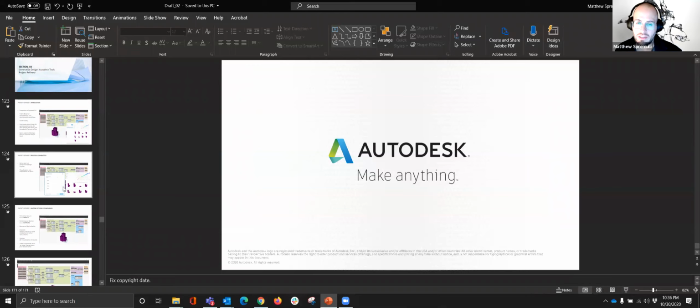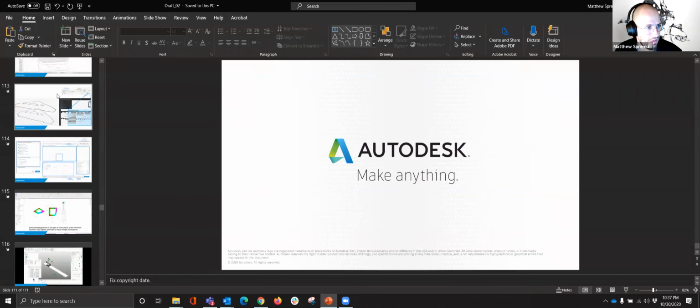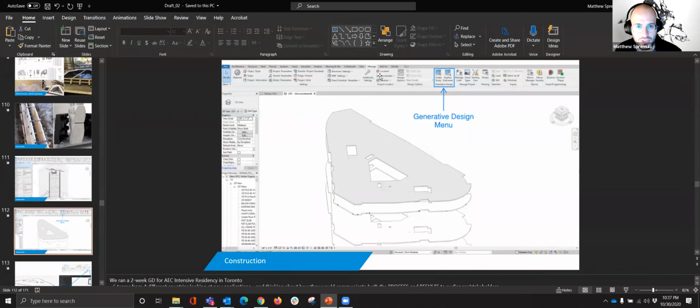Refinery is basically just the engine that allows you to do generative design. If you have Revit 2021, Refinery is already bundled into your Revit interface. It should look like this example here, where under Manage you'll see your generative design menu pop out.